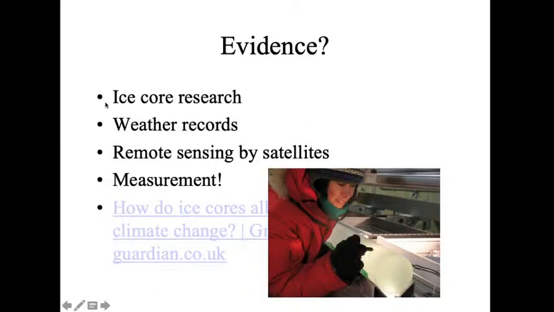Evidence: if somebody says that they don't believe in climate change, just tell them to look at the ice cores, the weather records, satellites measuring the change in temperature. Right, ice cores is a nice topic. Maybe I'll throw a video on the Google Classroom. You can kind of trace back to other ice ages.